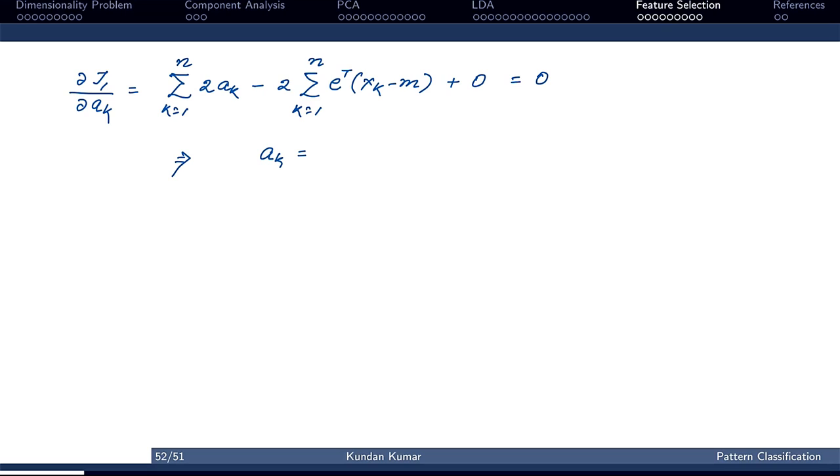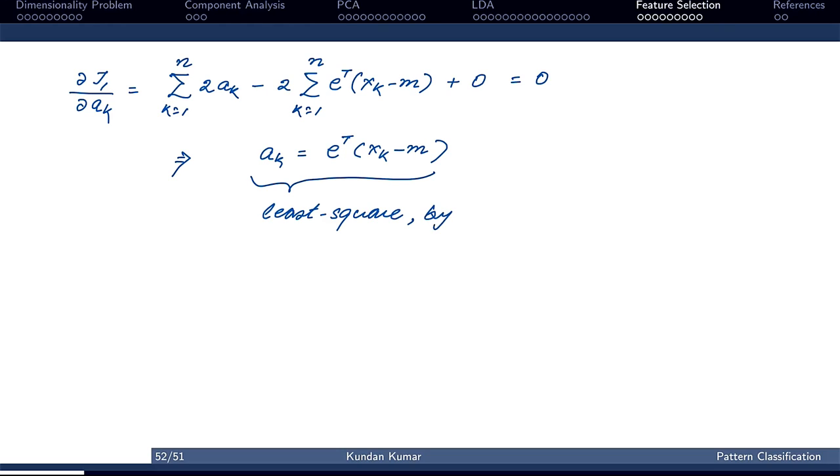a_k equal to E transpose (x_k minus m). This obtained solution only says that we obtained a least square solution, because we try to minimize the squared error term. How?